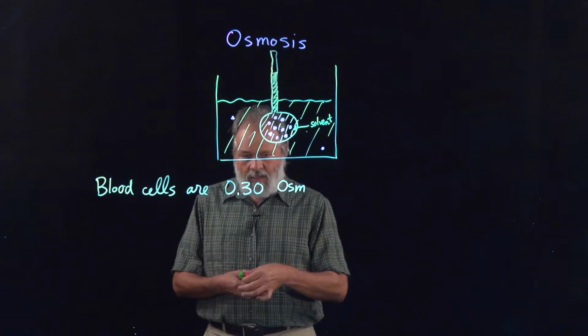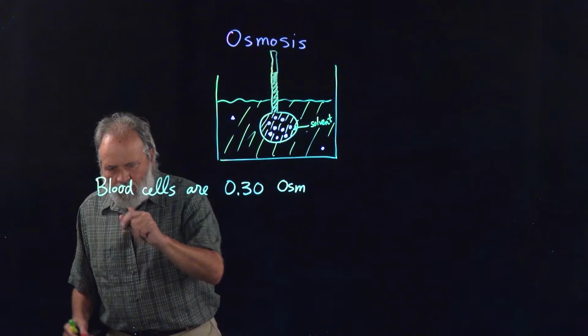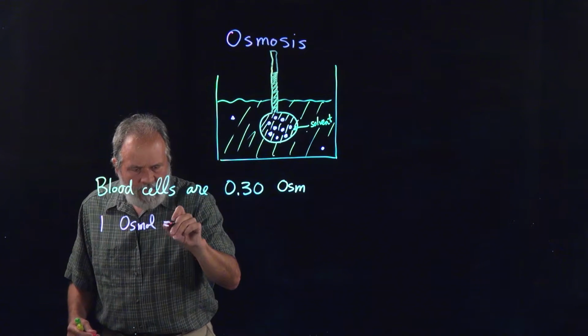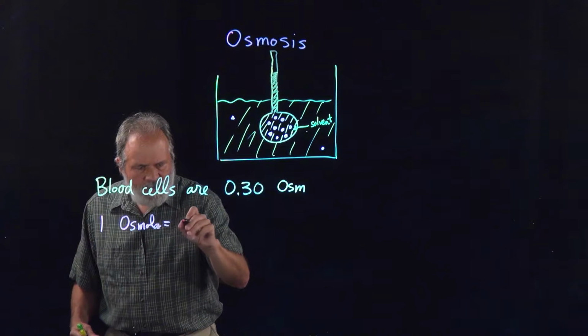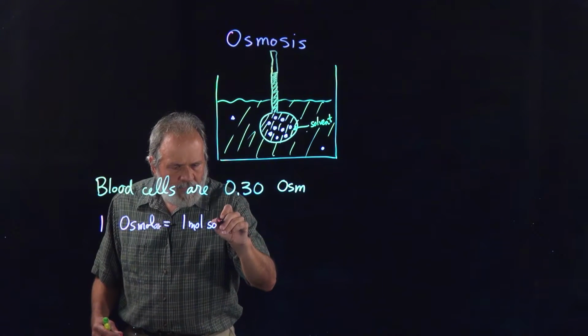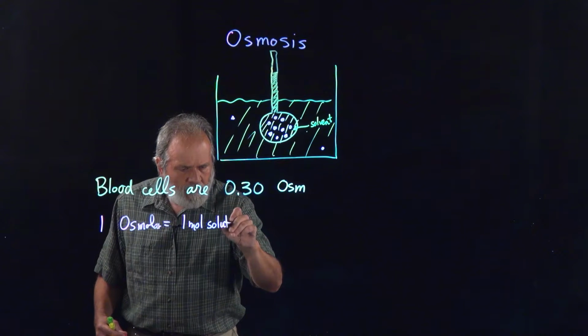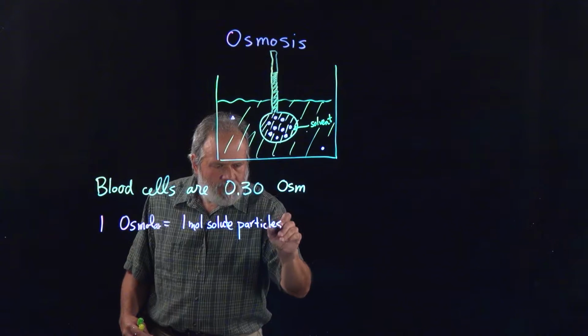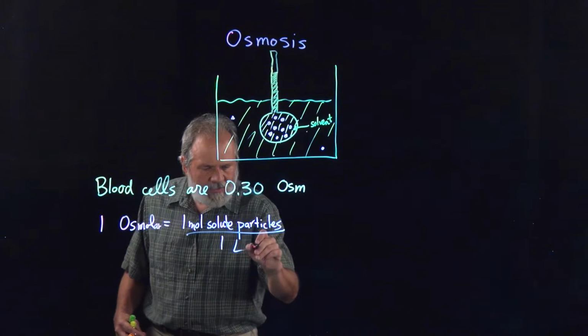So 1 osmolar equals 1 mole of particles in 1 liter of solution.